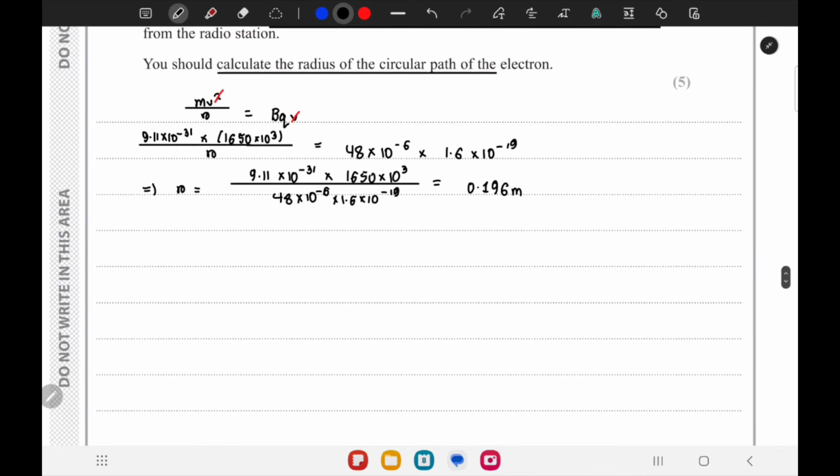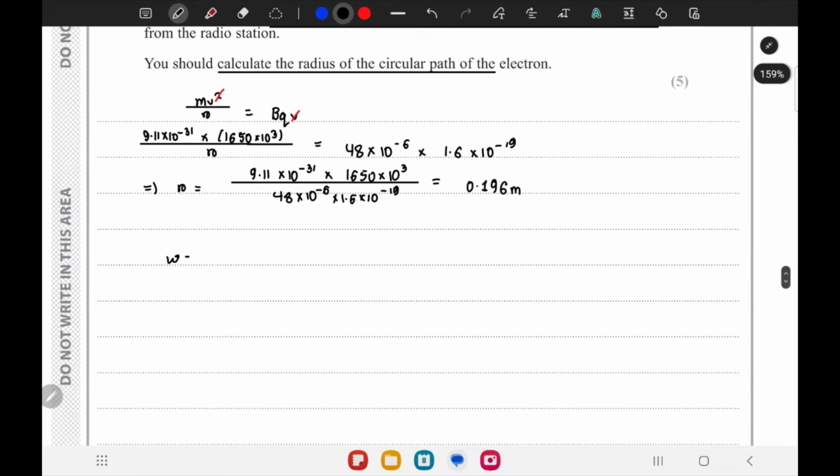Now we know that the angular velocity is equal to the velocity divided by r. We also know that the angular velocity is 2 pi times the frequency.